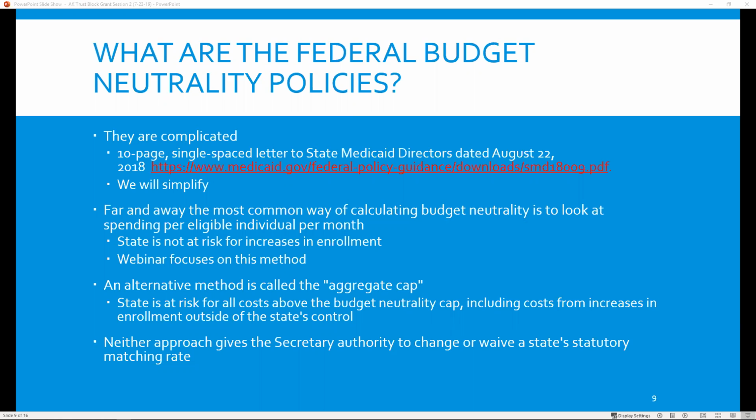And I just want to quote one statement from there: in the letter, CMS is emphasizing to state Medicaid directors that the overarching goal of budget neutrality, quote, is to limit federal fiscal exposure resulting from the use of Section 1115 authority.